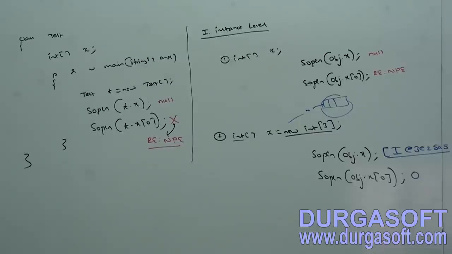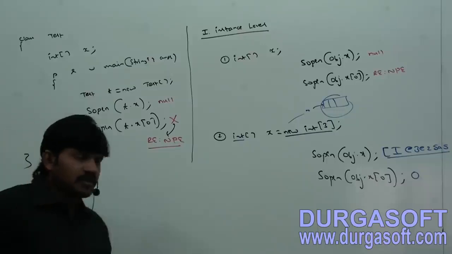Completed, right? SOP of obj.x is null, SOP of obj.x of 0 gives a null pointer exception.